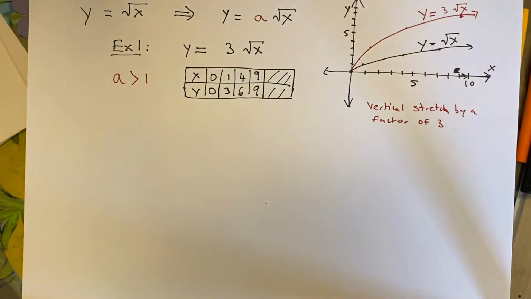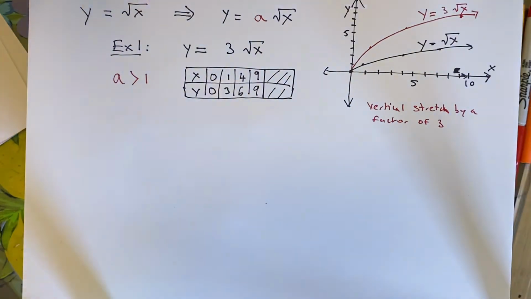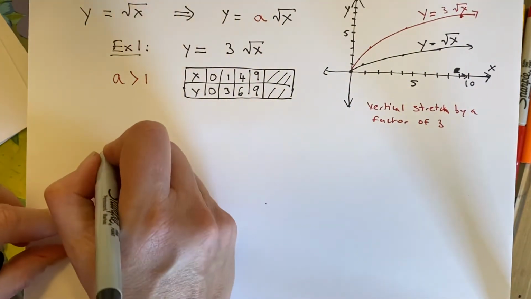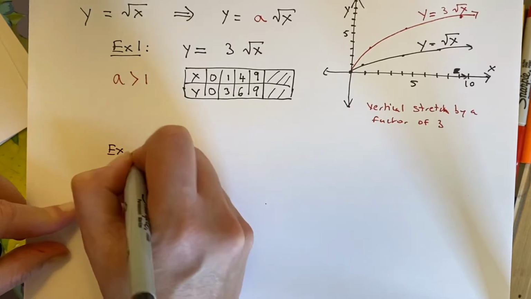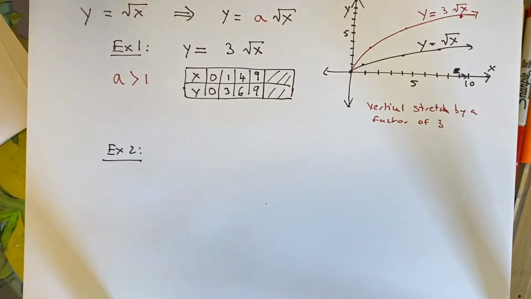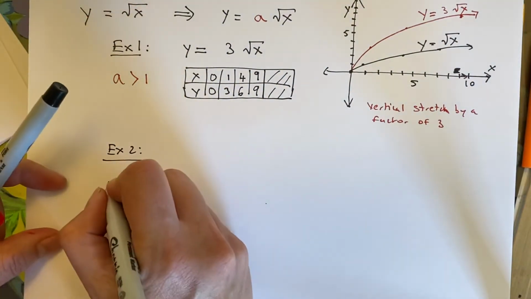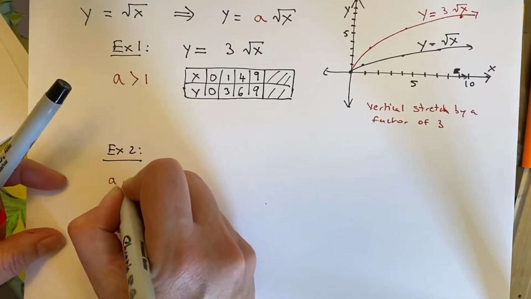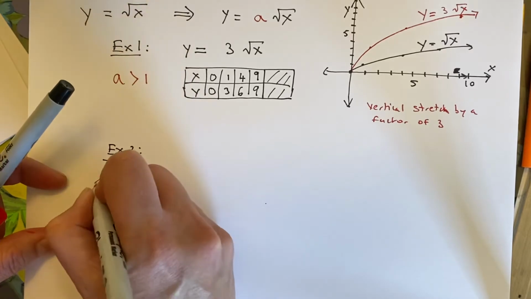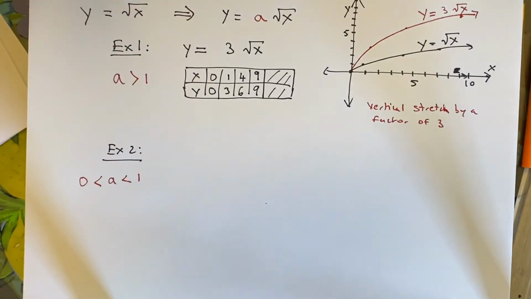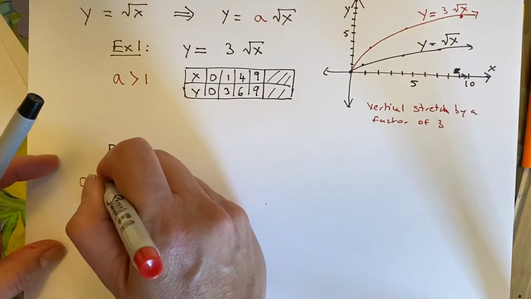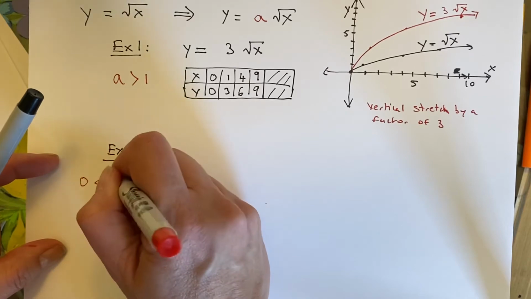So that's if a is bigger, and I am sure, because you are experienced with these, you'll know exactly what's going to happen if a is smaller. So if a is less than 1 but greater than 0, in other words, if it's a fraction, but not only do we want it to be a fraction, we're also going to make it a negative number and see if we can get a reflection.